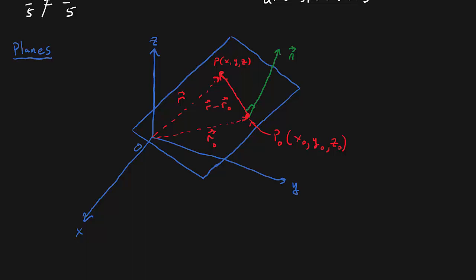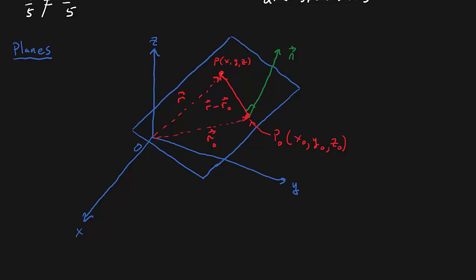It's also perpendicular or orthogonal to vector R minus vector R0. And N is also called the normal vector, the vector that's orthogonal.